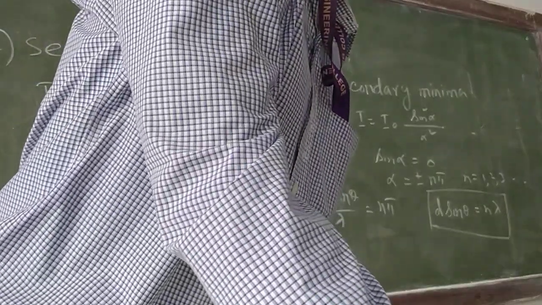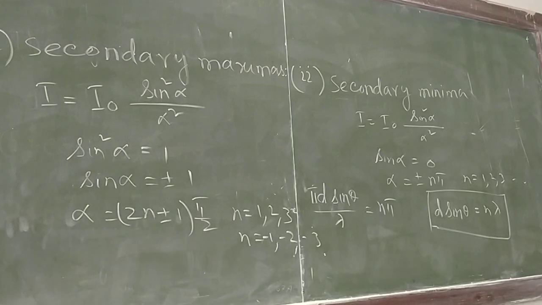Plus series with plus n numbers, minus series with minus n numbers. Clear or not? General formula.